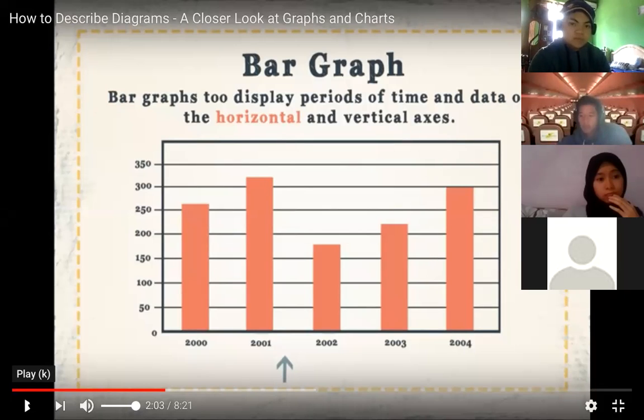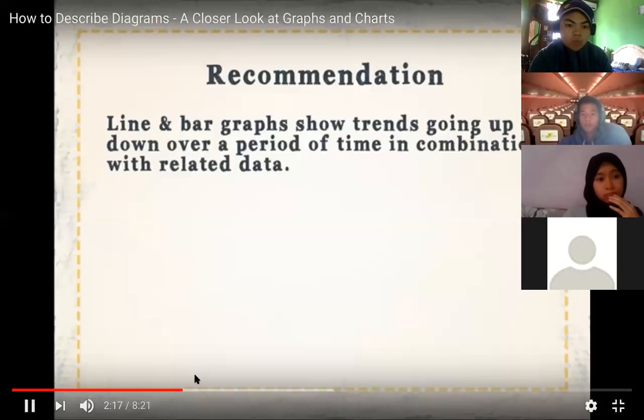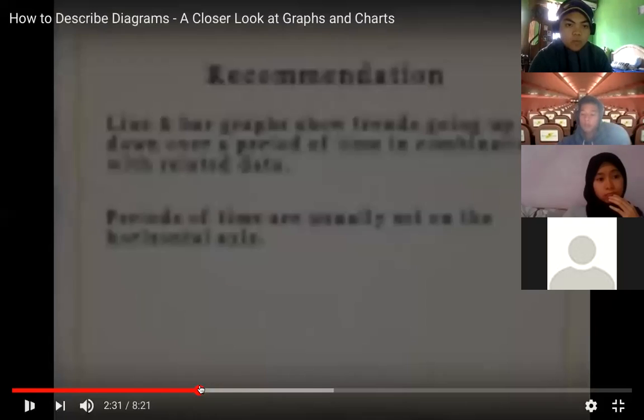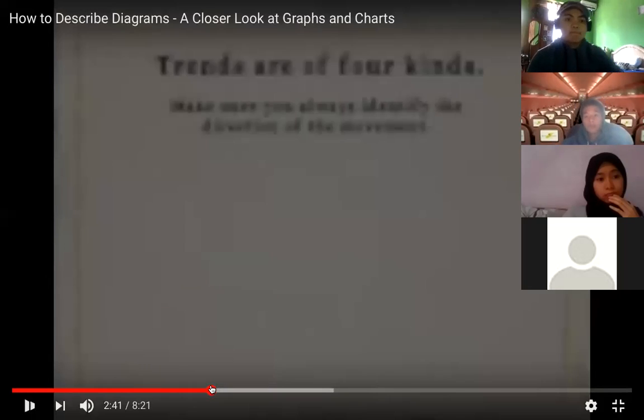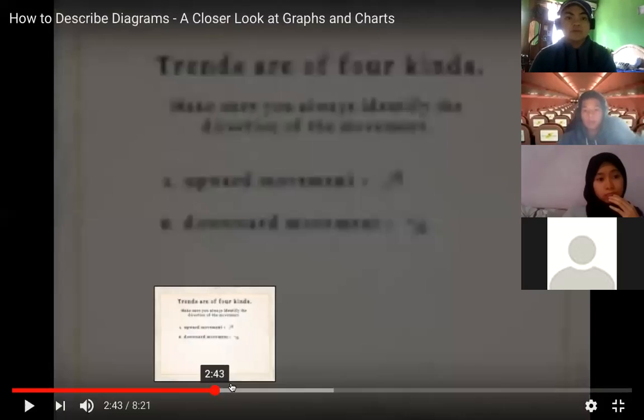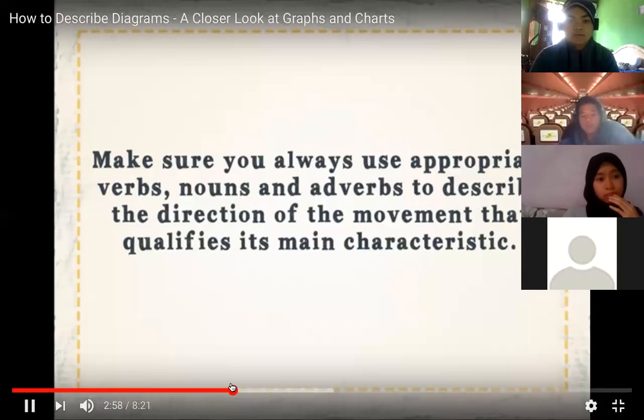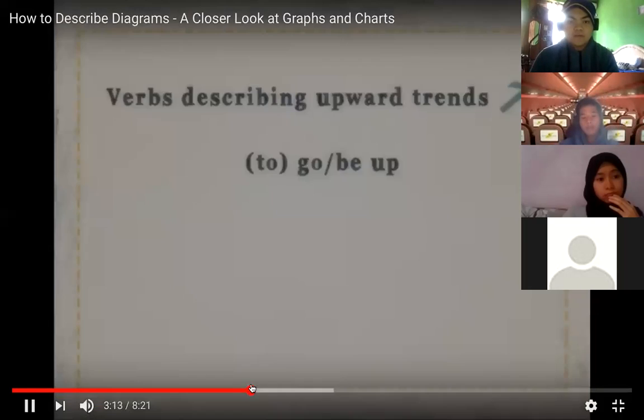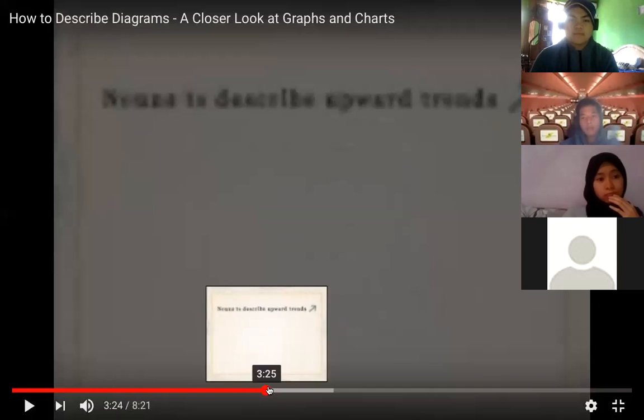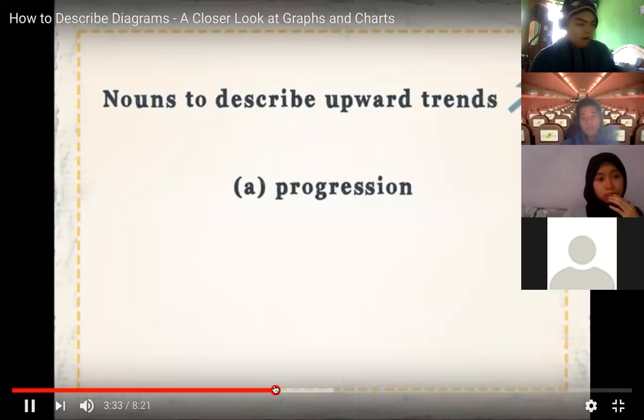Okay, let's continue to the next one. And this is the vertical axis. I want to concentrate on going up or down, upward and downward trends. Upward movement: to go up, to be up, a jump.